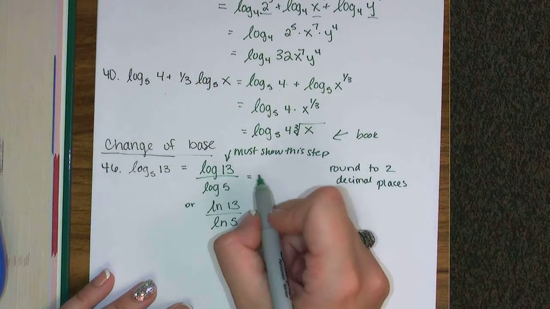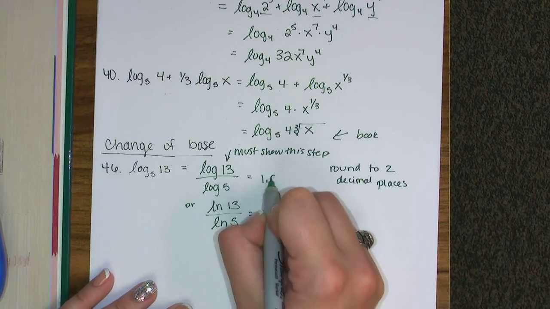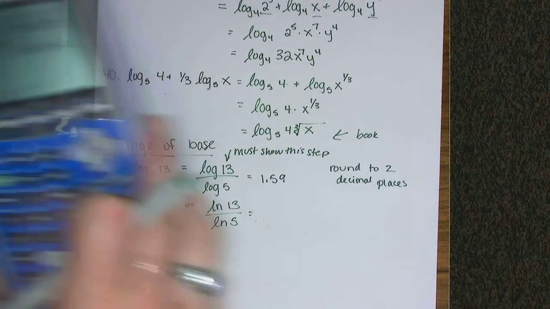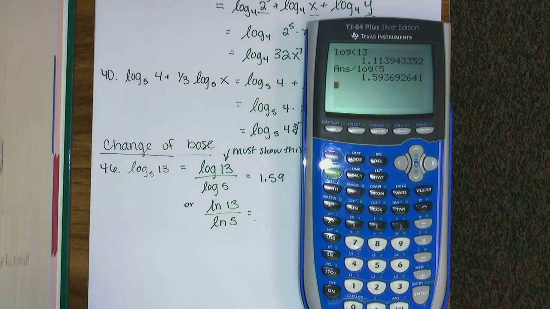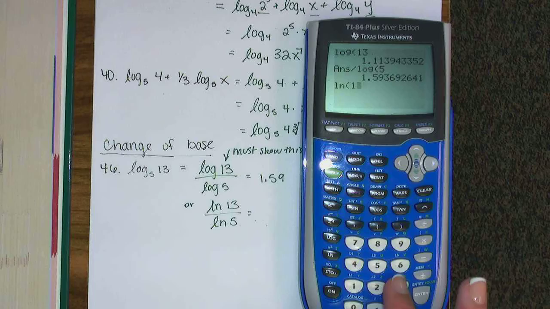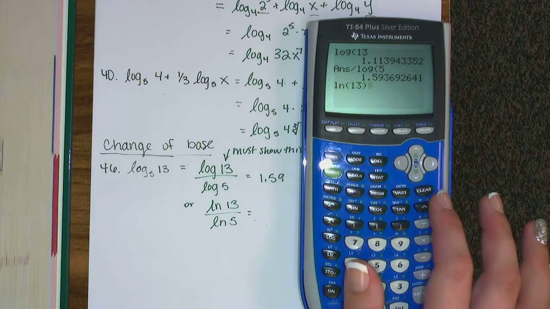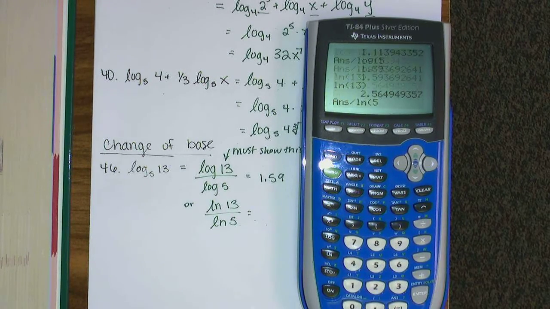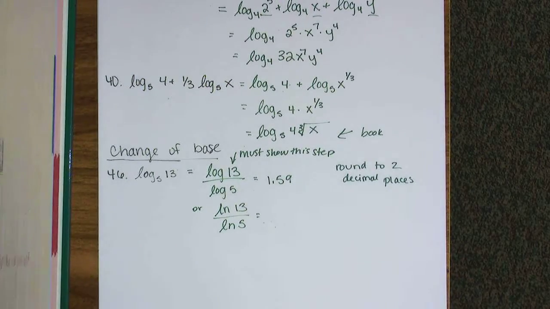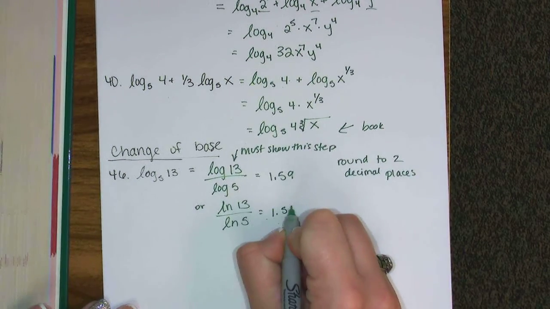Okay, so this ends up being 1.59. Now, just to show you that it doesn't matter which formula I use, let's go with ln of 13 divided by ln of 5, 1.59. So it does not matter which one I pick. Either one gives the same answer, so pick your favorite.